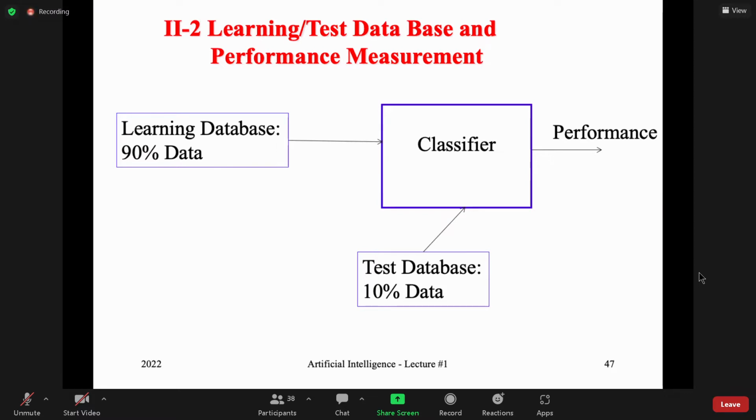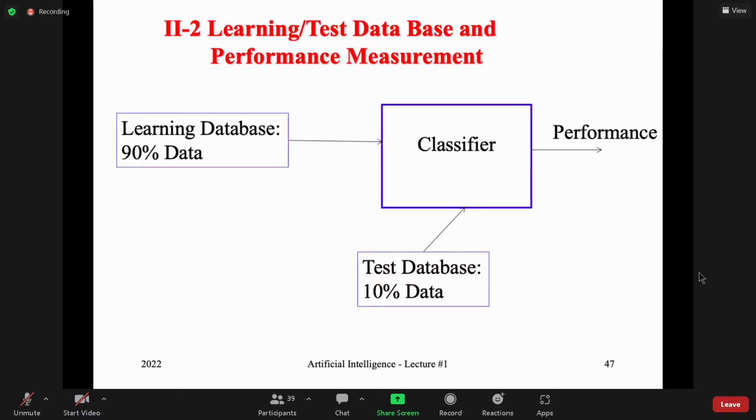And to measure the performance, in general we use the majority of the data for learning, on average 90% here. And from the original database we use 10% of the data, something like that, for testing.